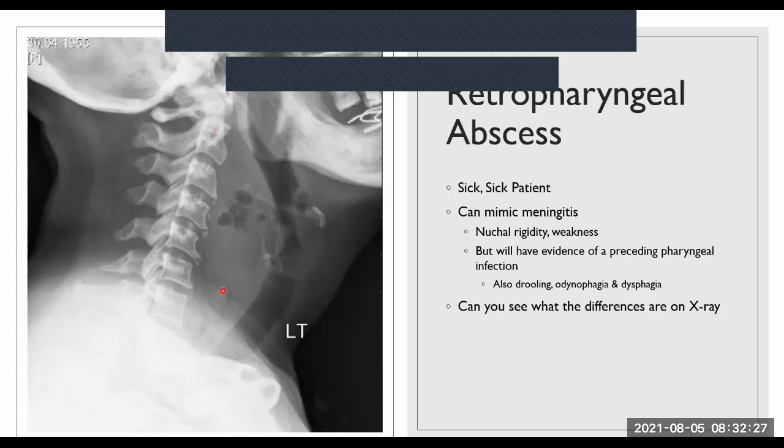All right. So what is this? This is a retropharyngeal abscess. Also very common, more common in children. The bad part about retropharyngeal abscesses is that these patients come in toxic. It often starts as a small upper respiratory tract infection, maybe a bit of tonsillitis, adenoiditis, pharyngitis, things like that.